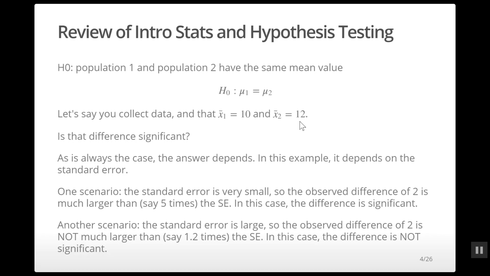As always, the answer is it depends, right? Is the difference of 2 significant or not? That's going to depend on the standard error of our sampling distribution. What's the standard error?